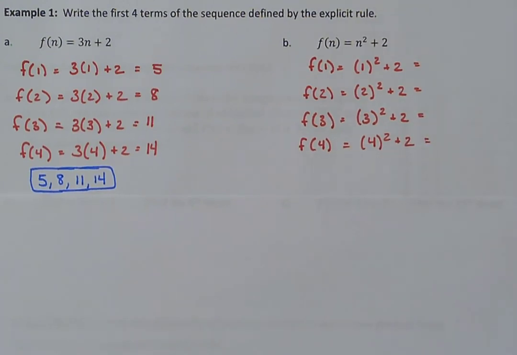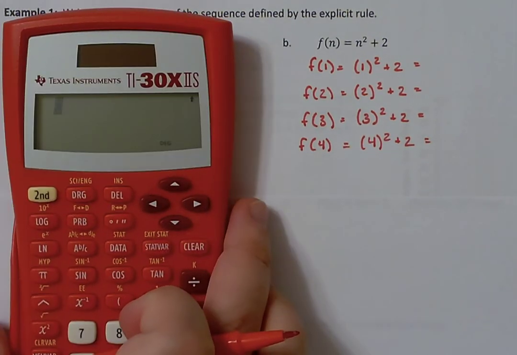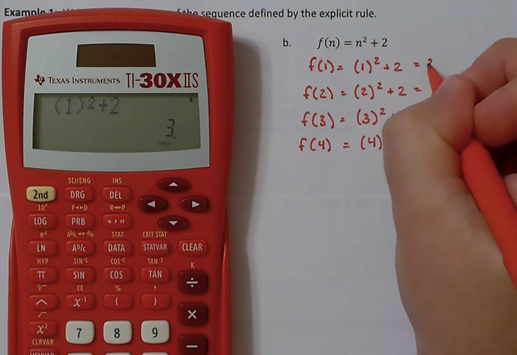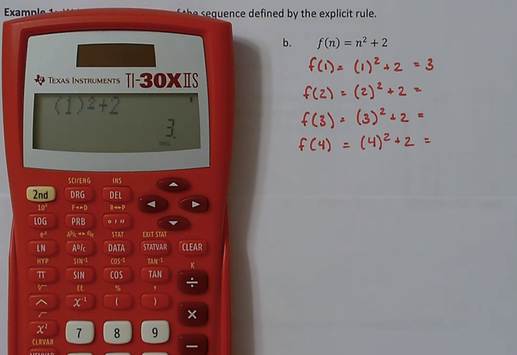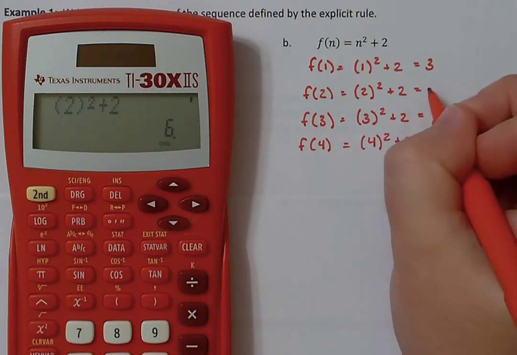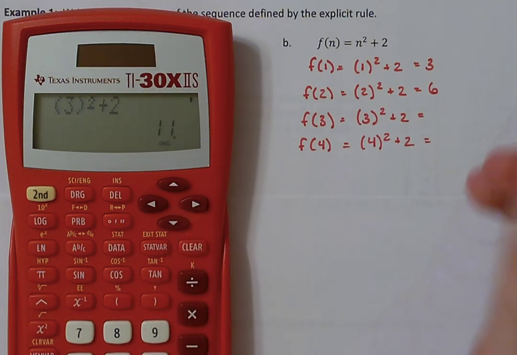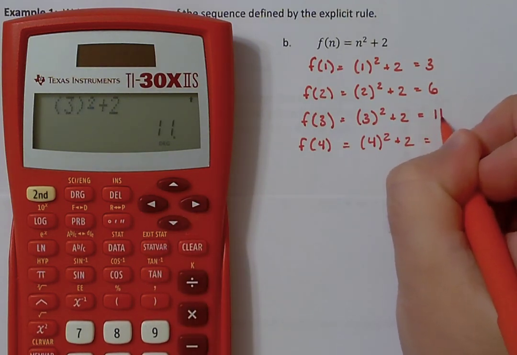All right. So now that I have them all set up, we're going to calculate the values for each term. So if we look at the first term, we have 1 to the power of 2 plus 2. And we end up with 3. If we do 2 to the power of 2 plus 2, we get 6. 3 to the power of 2 plus 2 is 11.